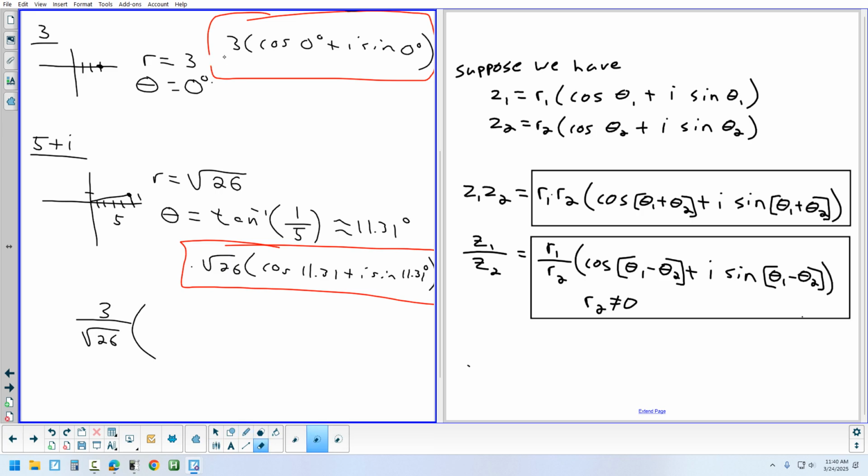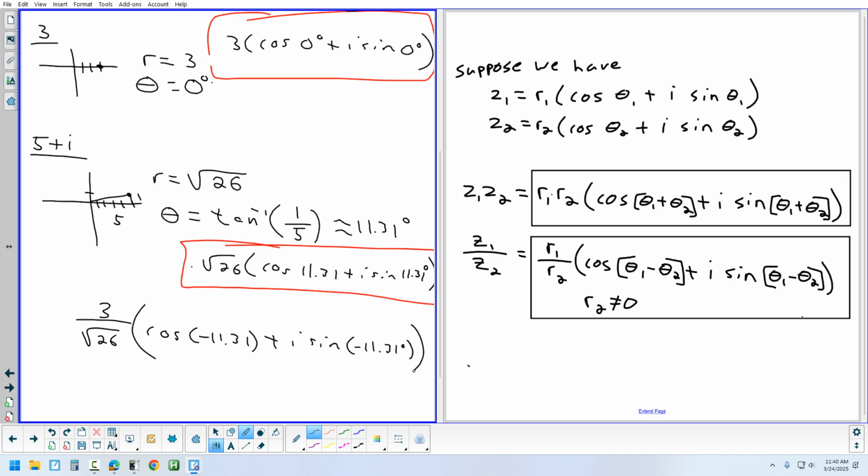And what's my angle in the top? 0. What's my angle in the bottom? 11.31. And when I divide, what do I do with the 2? That would be cosine negative 11.31 plus i sine negative 11.31.